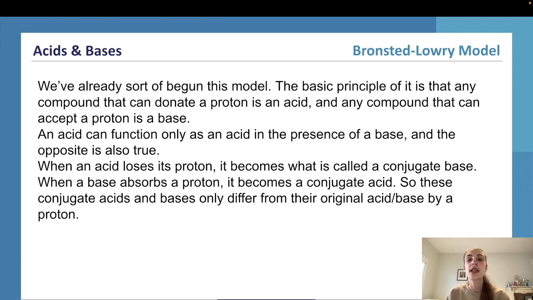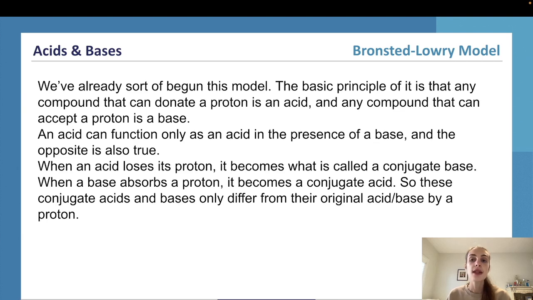So with the Bronsted-Lowry model, we sort of already discussed this when we considered how we have the extent of dissociation of acids and bases and the donation of protons and the accepting of protons.